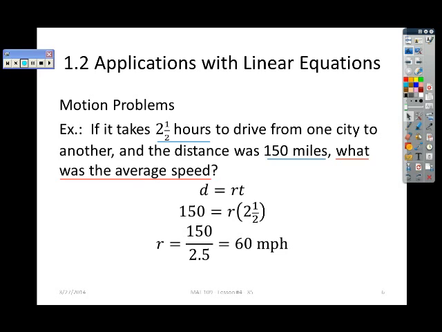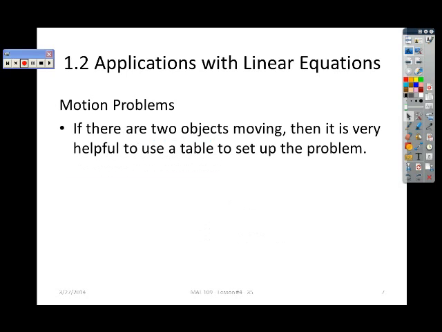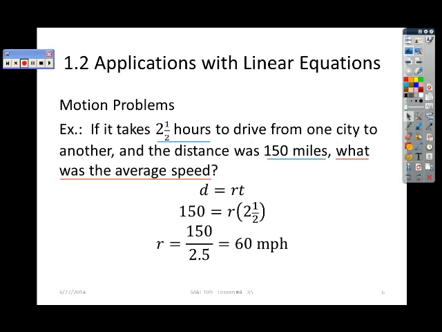Could be a fractional number, that doesn't affect anything. But you need to put the units onto the answer, because what was the speed? Speed needs to say miles per hour, because 60 could be feet per second. That's the easy one, when you have motion problems with one object.